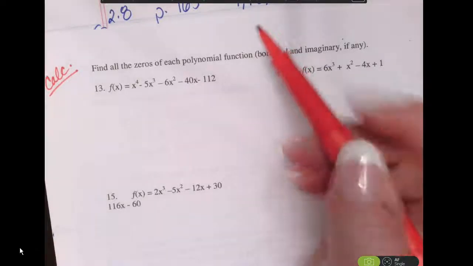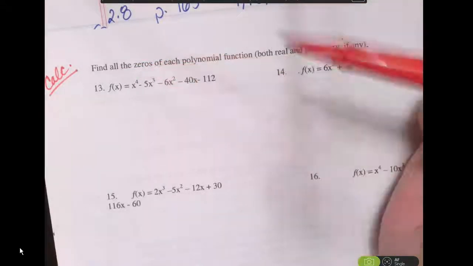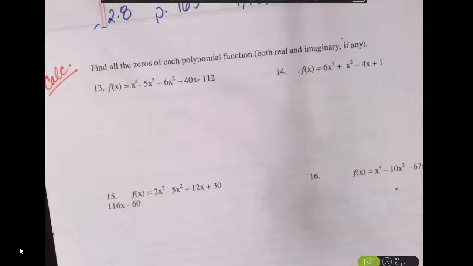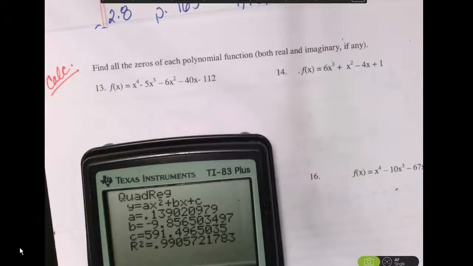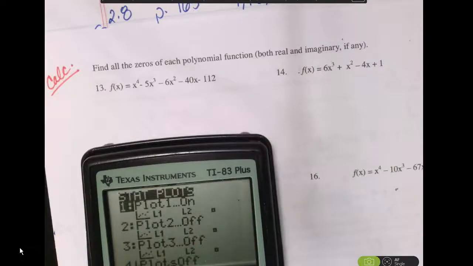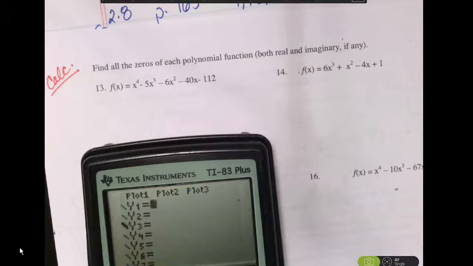You still need to use your quadratic solving techniques and synthetic division. So let's go ahead and take a look at the graph of this. And let me turn my plots off.